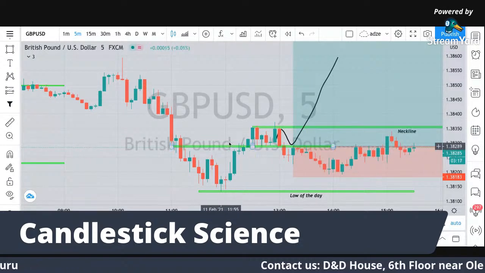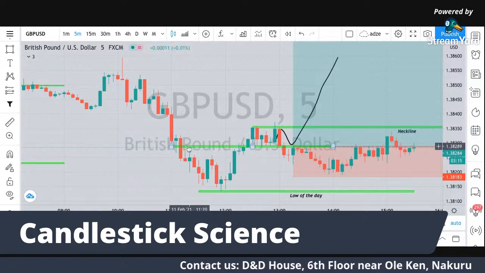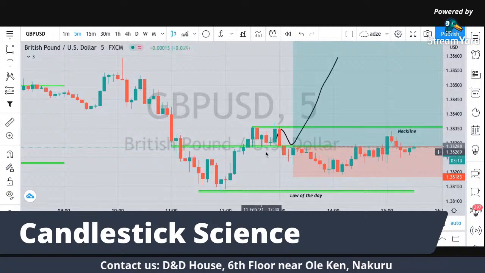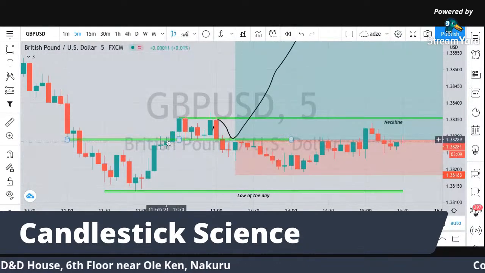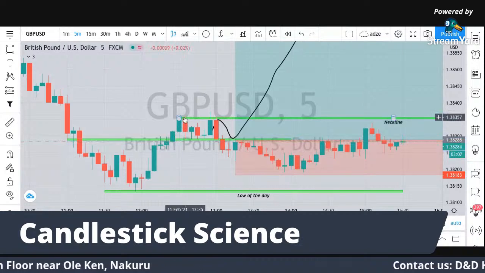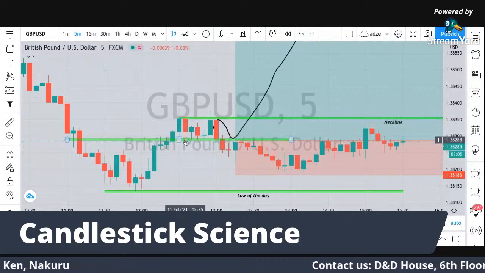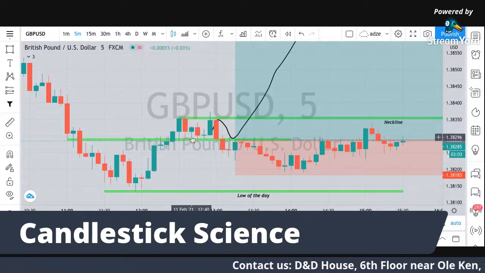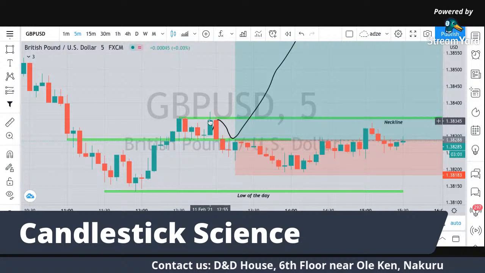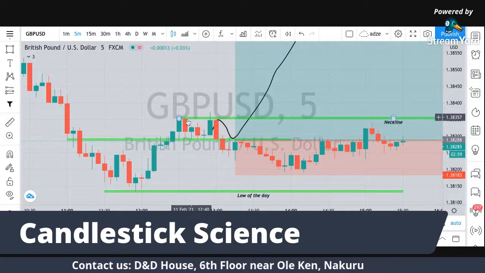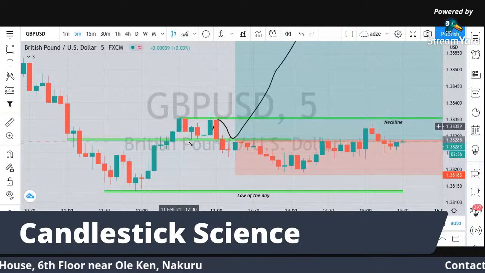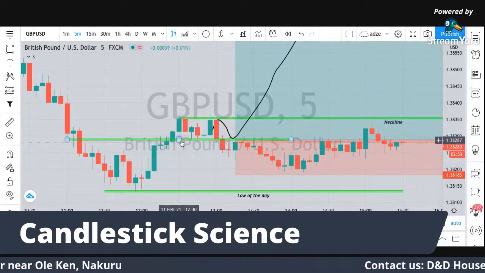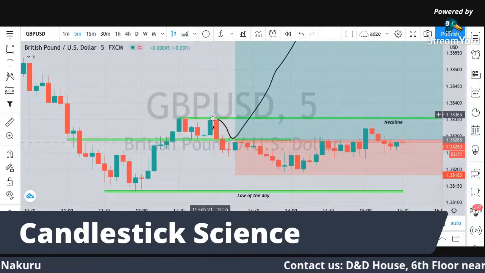Now, for me, it is this particular zone that price created. It was broken. Price came up, it came down, it went up, came down a little bit, and then it went up. It broke the high of the previous at 12:30, right? From the lows it was not broken, but from the highs it was broken.